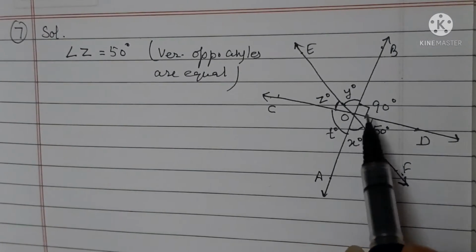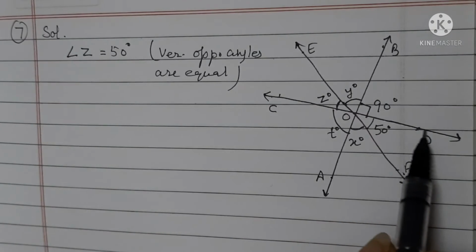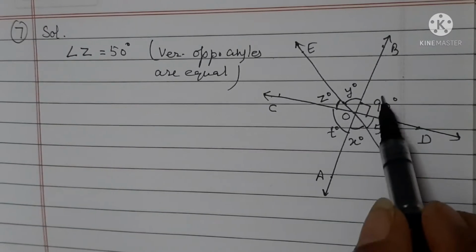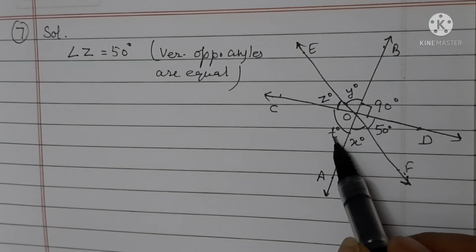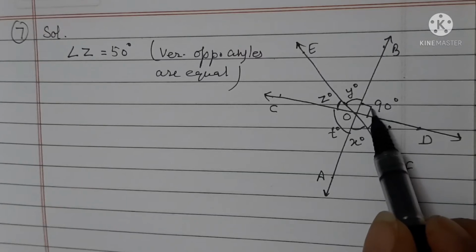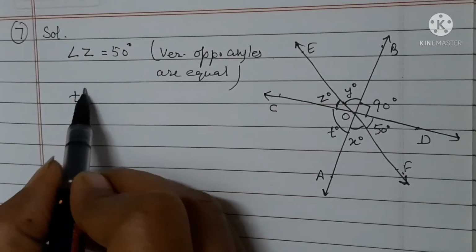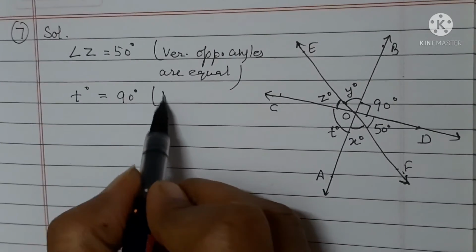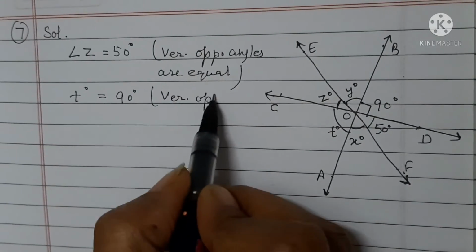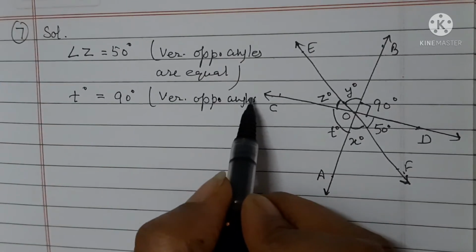And here, look, the other two lines intersecting. AB intersects CD and these form two vertically opposite angles. So here you can write angle T is equal to 90 degrees, and the same reason, vertically opposite angles are equal.